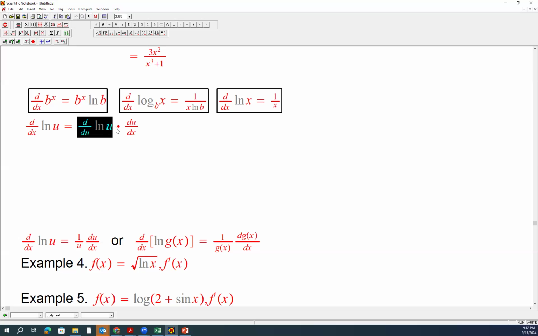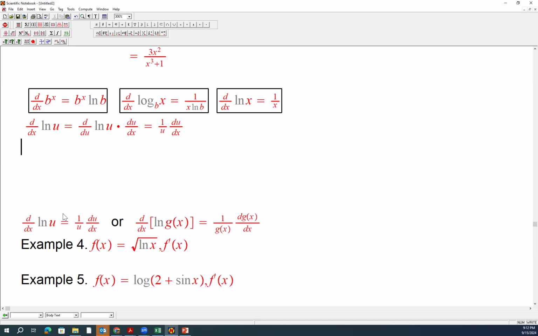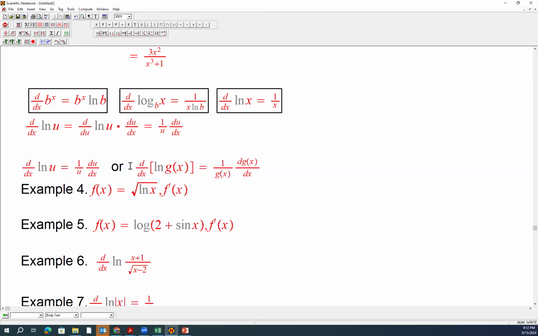And that piece is 1 over u, like we did earlier. You don't need to memorize these formulas, but if you derive it just once, you get it. If you don't get it by doing it once, do it another time.